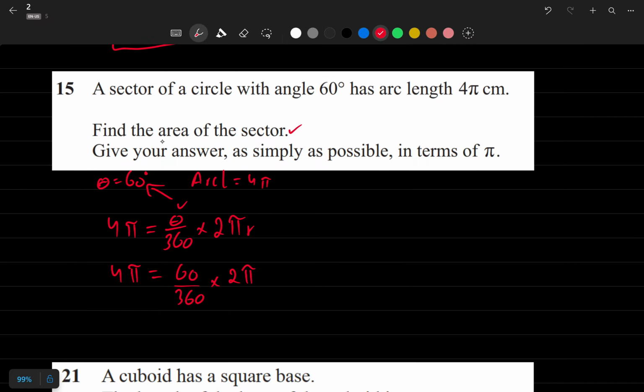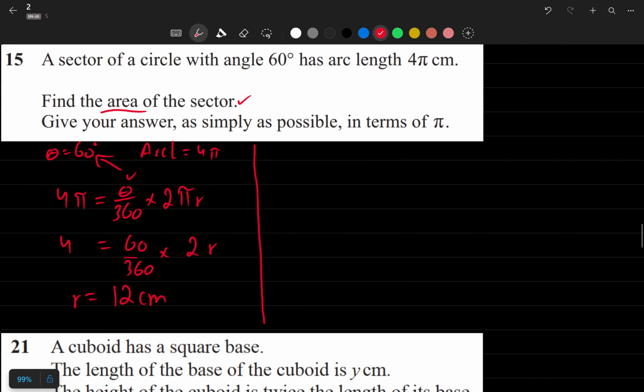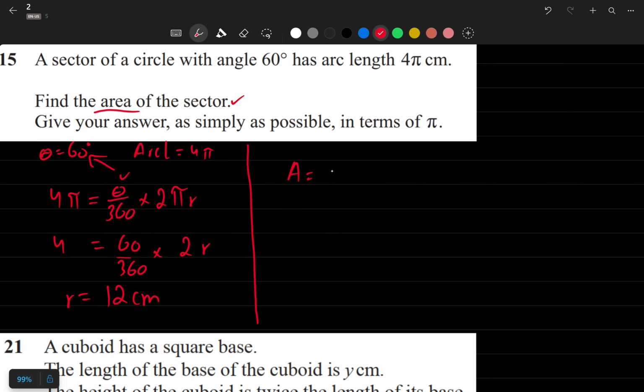So this is what remains. 4 is equal to 60 by 360 into 2r. Make r the subject and you will get r is equal to 12 centimeters. Now you know r. Now for the area, A is equal to theta by 360 into pi r square.